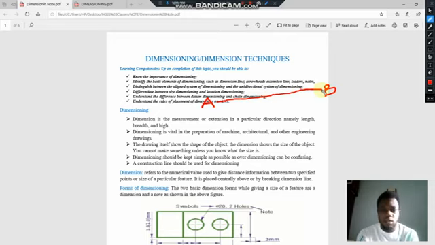It is what is called the dimension. That distance is called dimension.